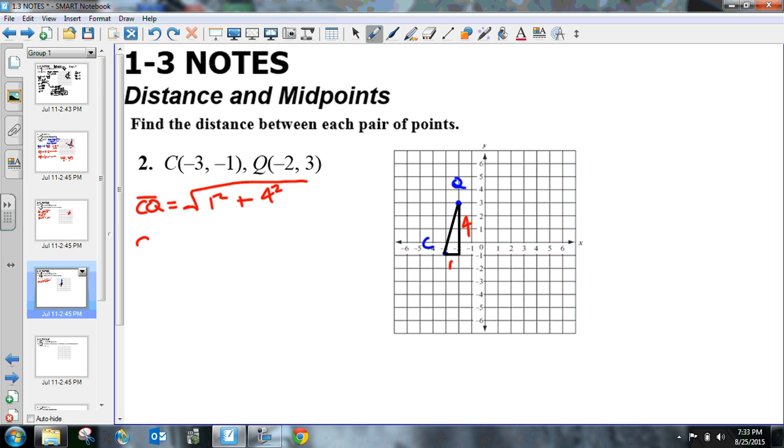So length CQ is equal to the square root of 1 plus 16, and then CQ is equal to the square root of 17. And guys, I can't simplify that any further. This is a number. The length looks like it's going to be a little bit more than 4, but nothing too crazy. So square root of 17, look, it's about 4.12.